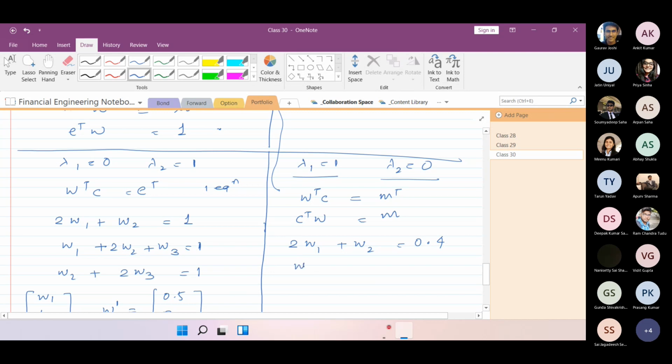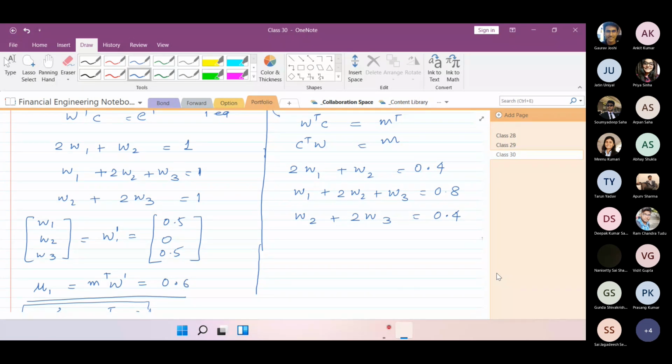Is it okay? Yes, sir. Correct. So now what is the value of the second set of solutions? The first component will be W1, the second W2, and the third W3.